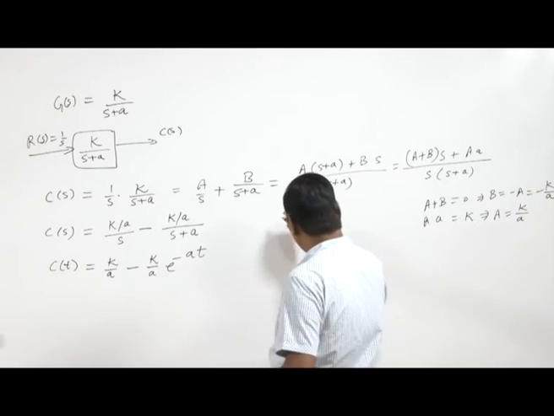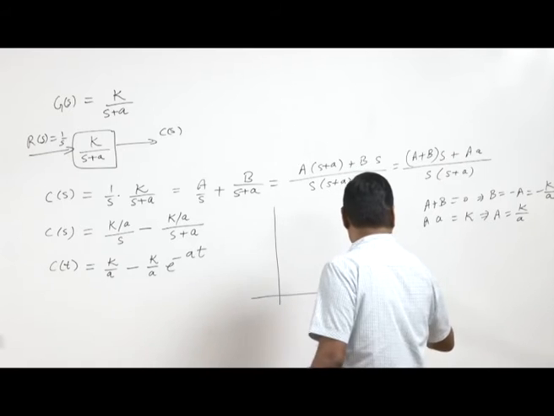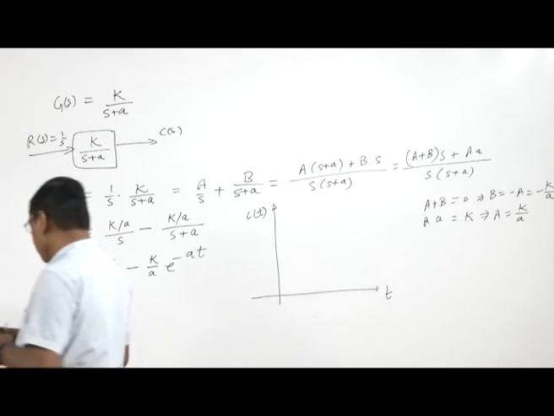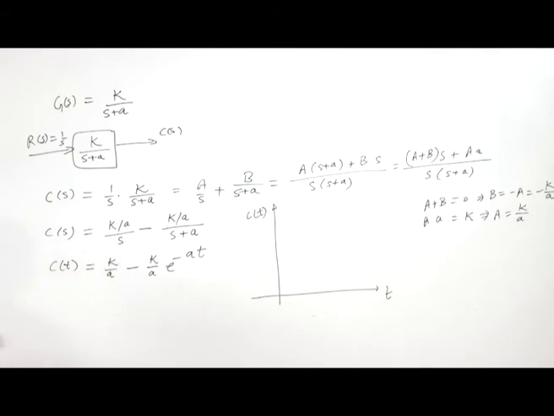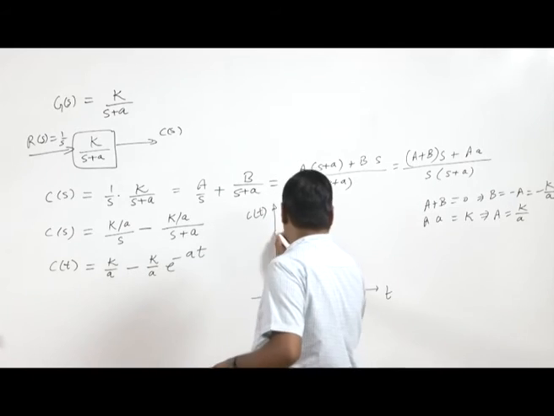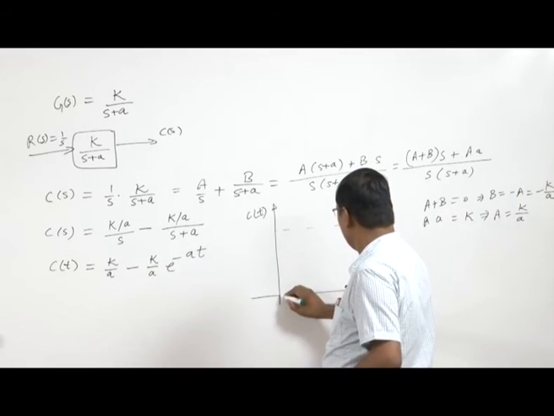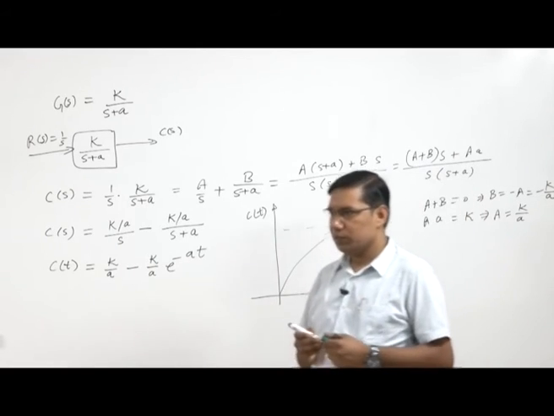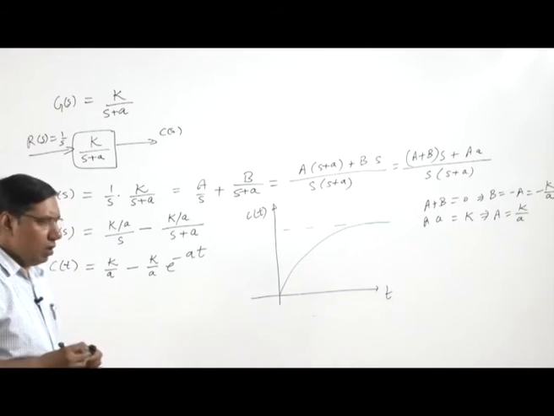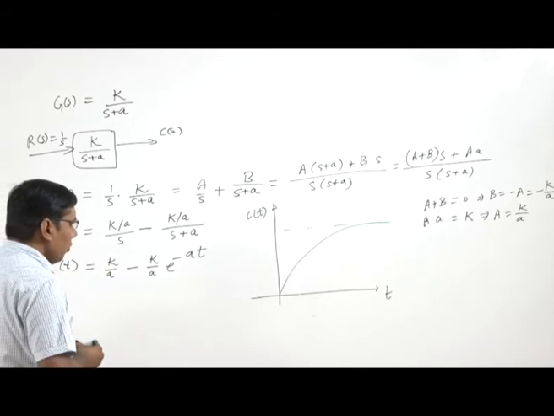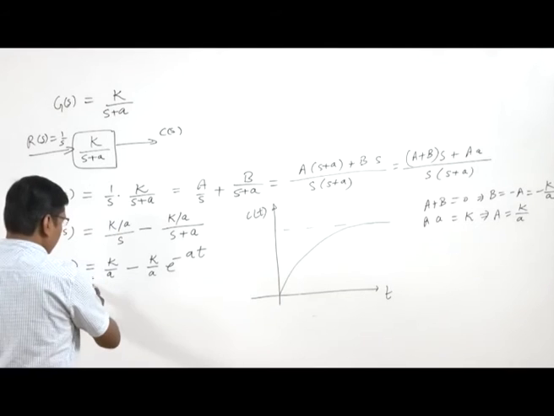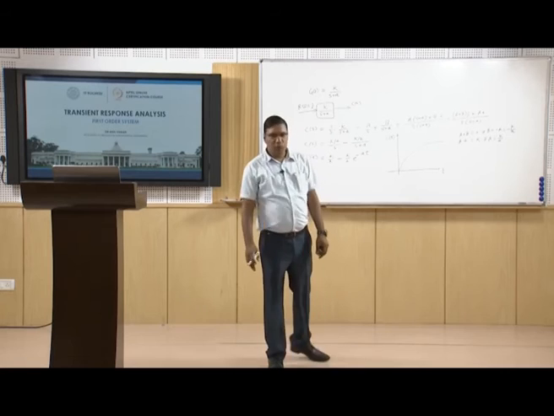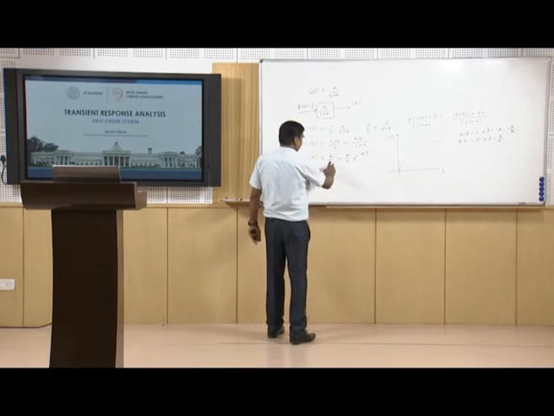So suppose we have some first order response, from this response, by comparing this equation to the response, we have to find the k and a values.